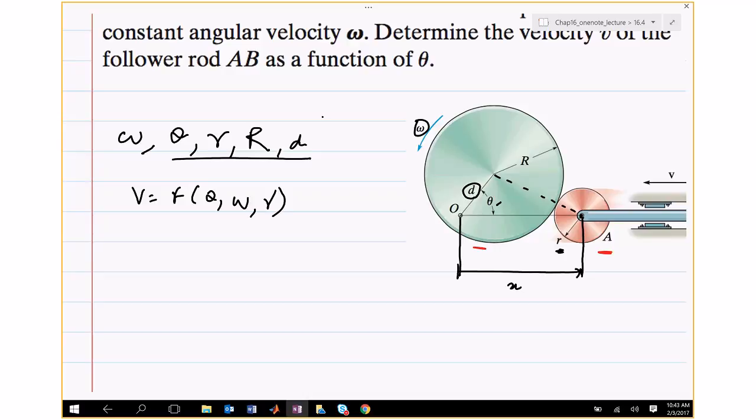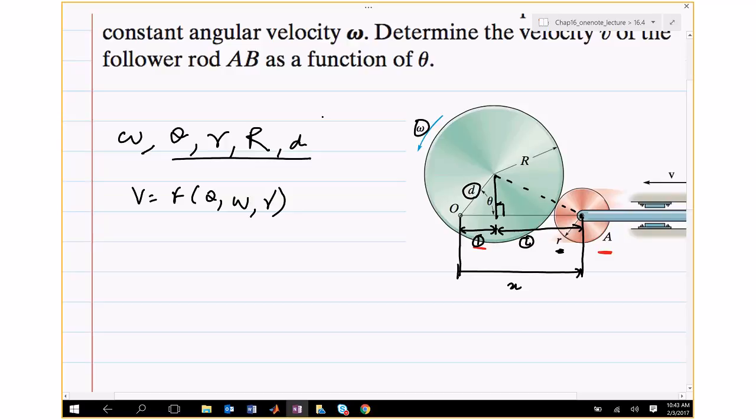I can drop a perpendicular like this, which might help me, just like I did in the previous problem. So it's given by this piece and this piece, right? X is this piece plus this piece.